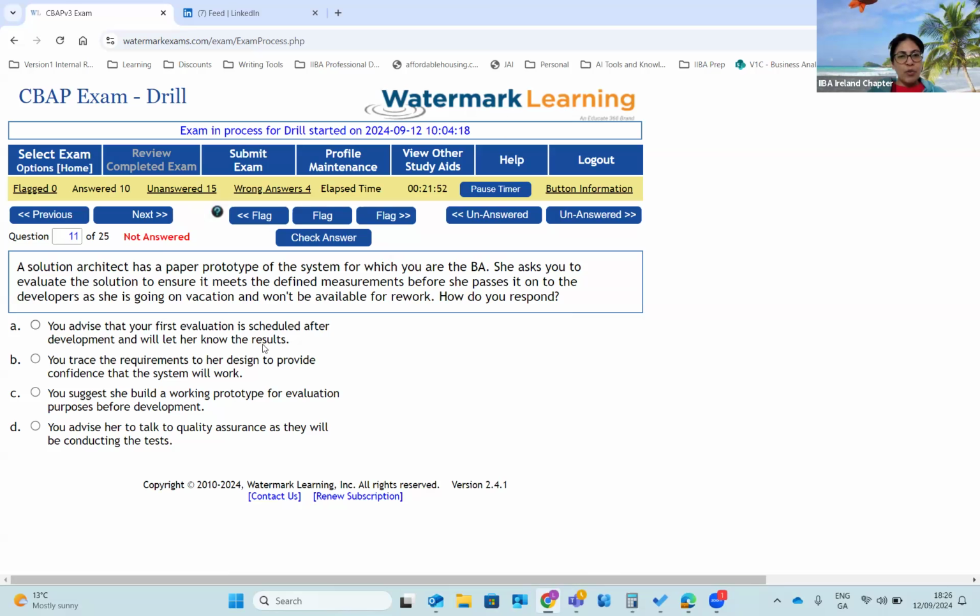You advise that your first evaluation is scheduled after the development and will let her know the results. You trace the requirements to her design to provide confidence that the system will work. You suggest she build a working prototype for evaluation purposes before development. You advise her to talk to quality assurance as they will be conducting the test.